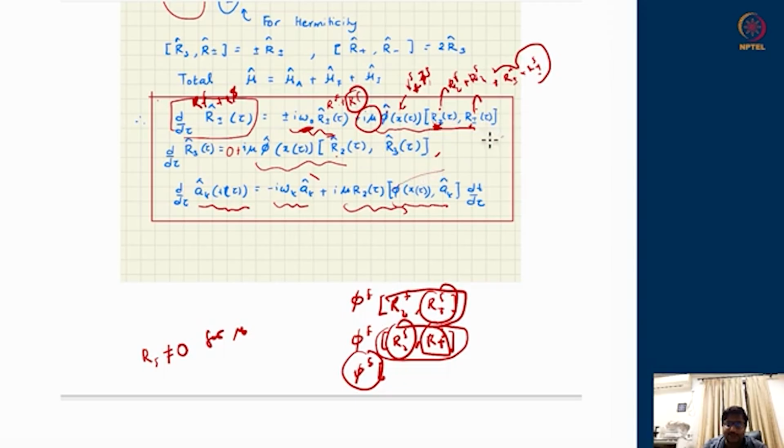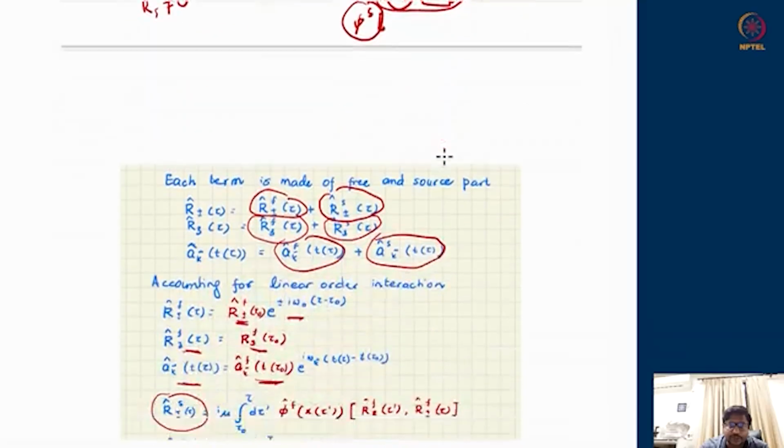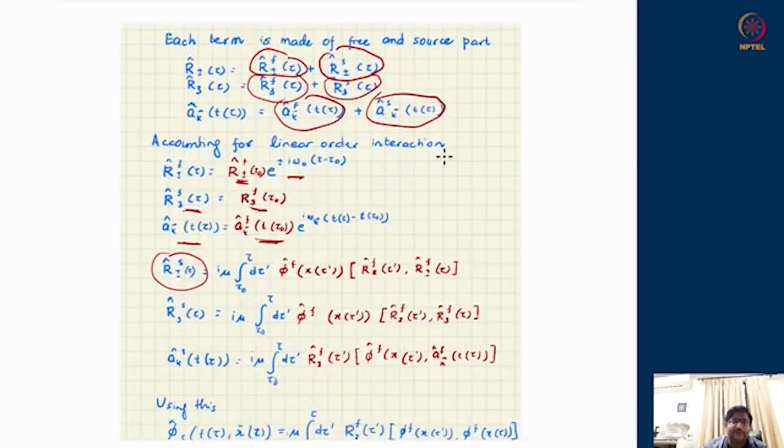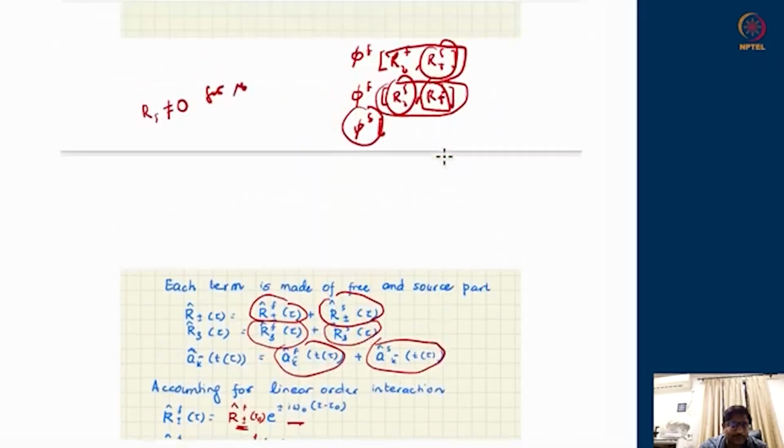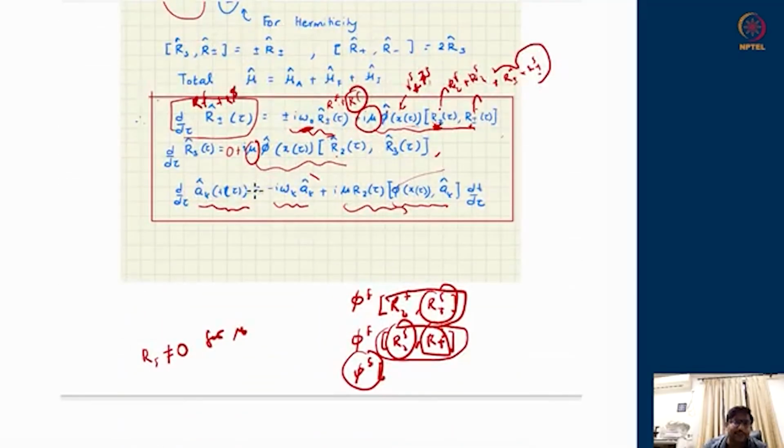So whenever rs appears, it will come with a mu, and outside there is already a mu. Okay, so when I have to write down the thing at the leading order, only one operator is allowed to become a sourced operator, and even that operator will be multiplying an extra mu to it.